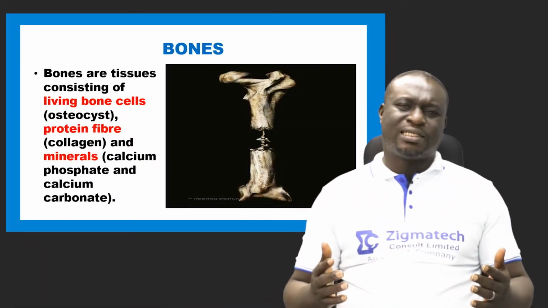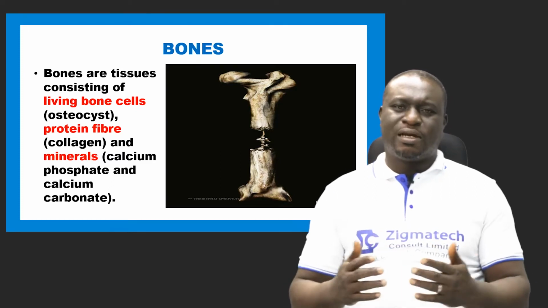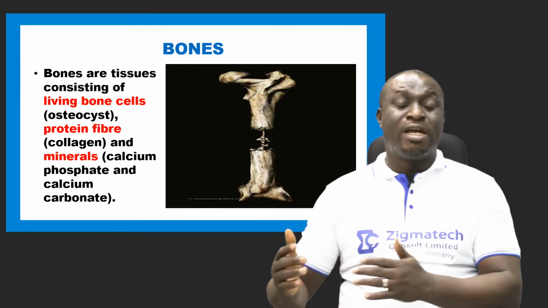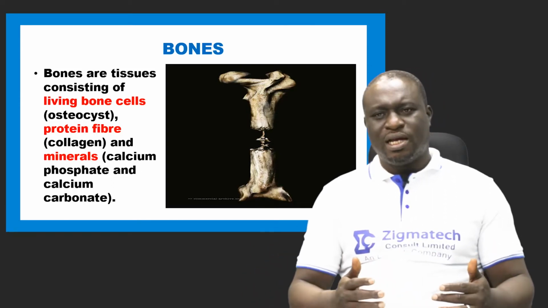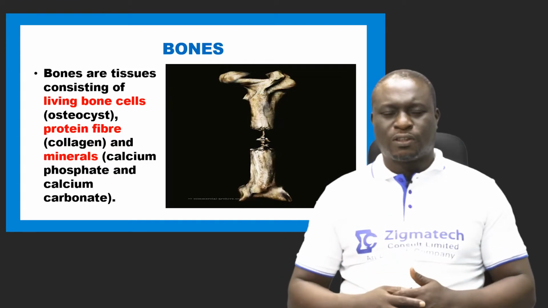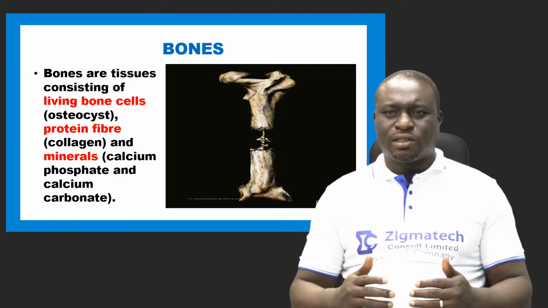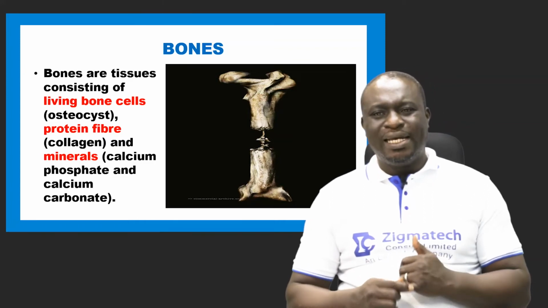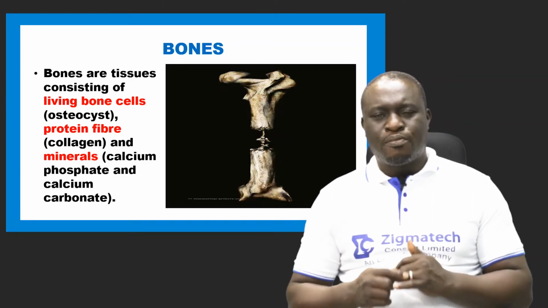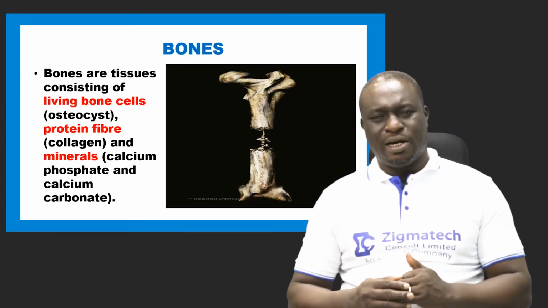Remember we said that endoskeletons are made up of bones and cartilages. Let's discuss a little about bones. Now, bones are tissues that consist of living bone cells, protein fibers, and minerals. These are the 3 components of bones.